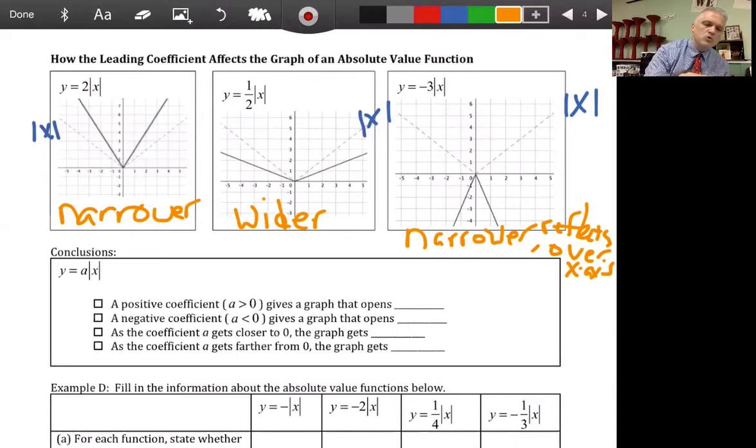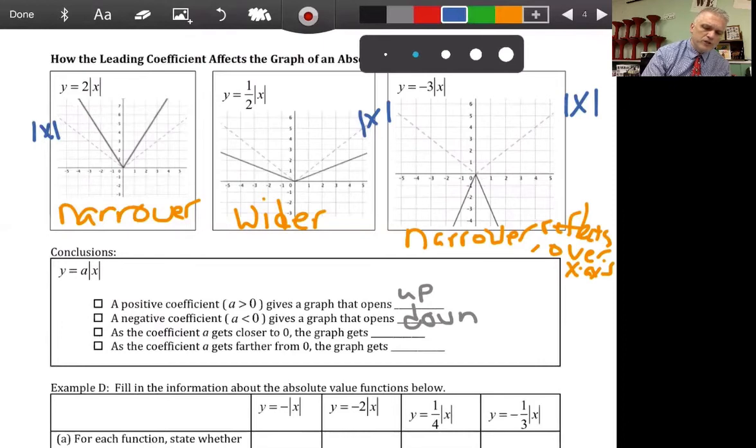So the conclusions that we've already kind of said: if A, the coefficient, is positive, then we're opening up. If A is negative, like this guy, we're opening down.